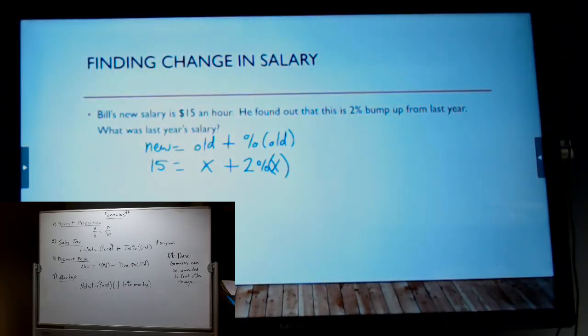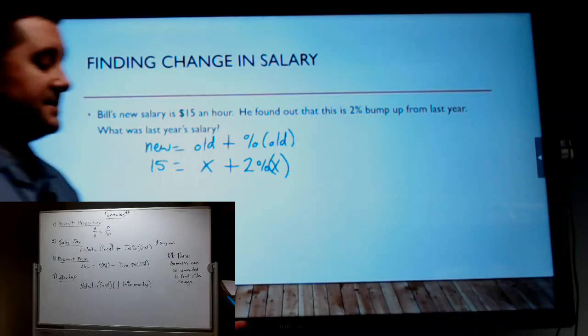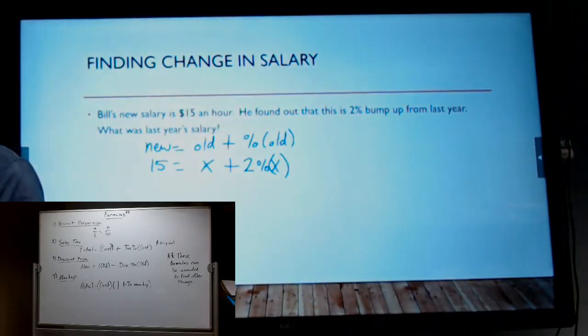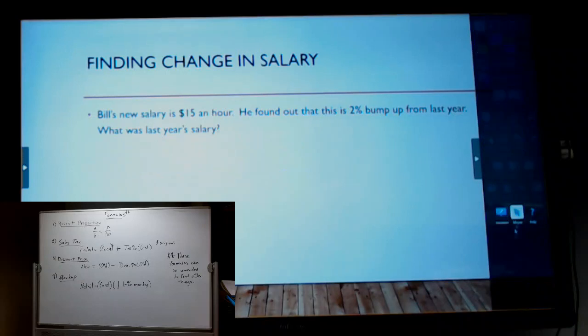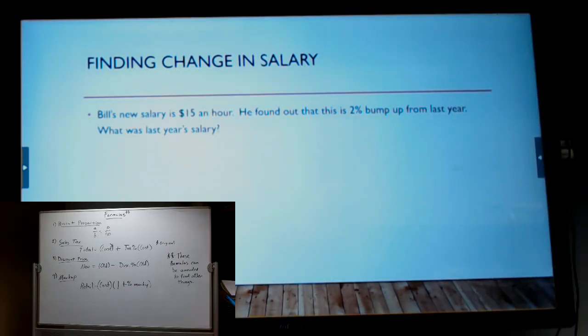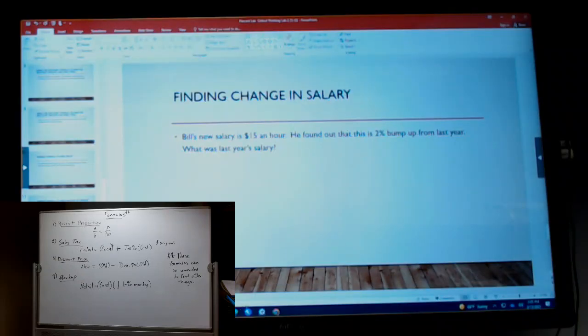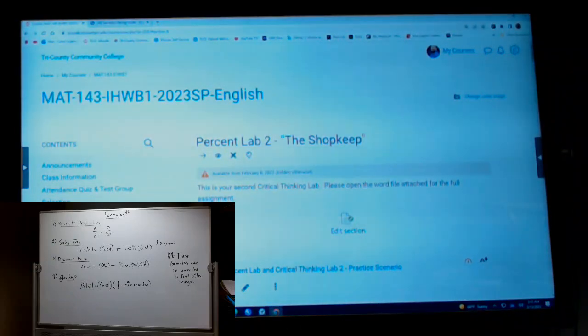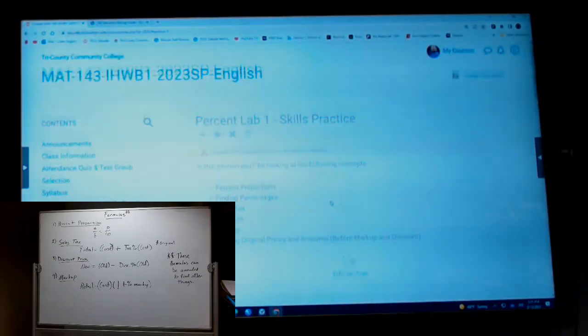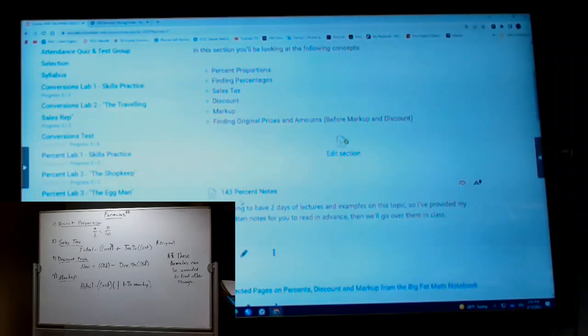So, going all the way back in your notes to the first time that we did sales tax without the formula, here's what we said. That was in last week's notes, percent lab 1.